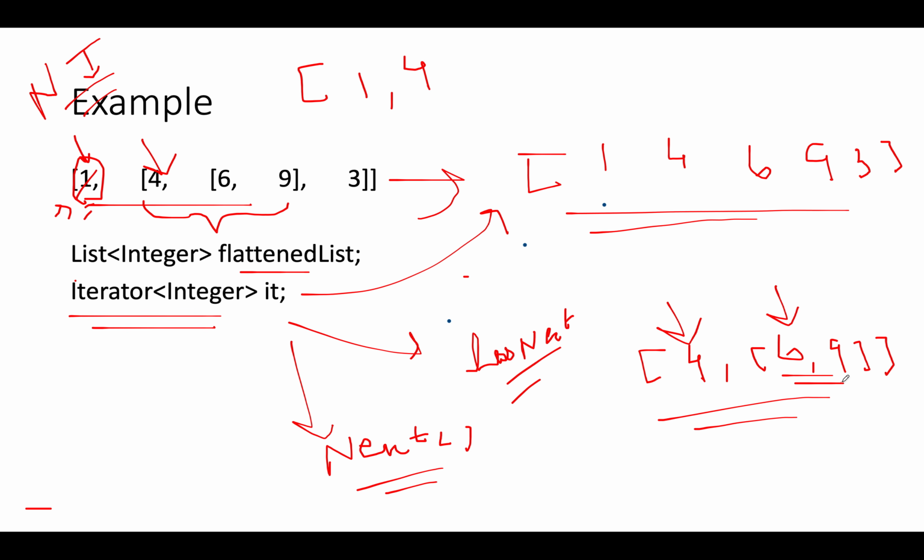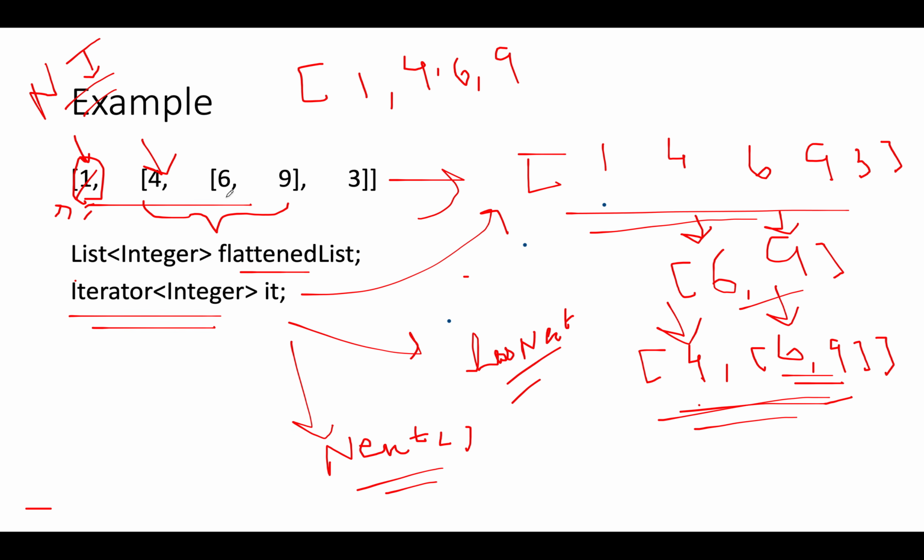It is of data type list. We'll recursively invoke onto its elements, and we have 6 comma 9 in this. The first element is 6, it's of type integer. We'll add it to the output list, and then we have 9, and we'll add it to the output list. So this is completed, and this gets completed.